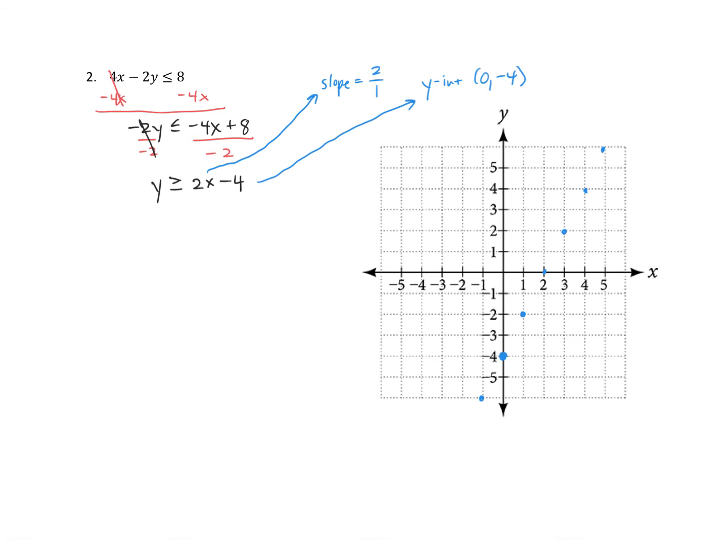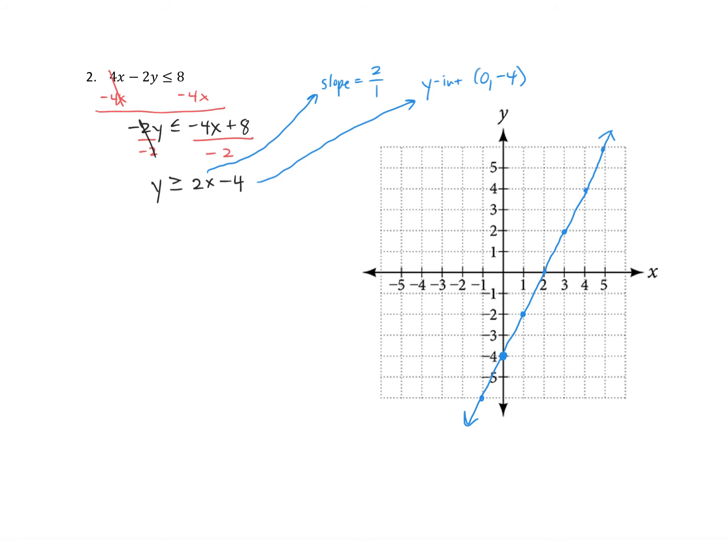And now I want to decide if the line is going to be solid or dotted. So because of the or equal to, I'm going to have a solid line. Now, all I have to do is figure out if I shade above that line or below that line. It's a greater than symbol. It's greater than or equal to.